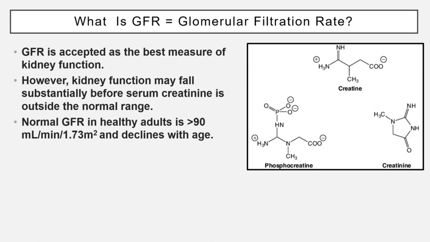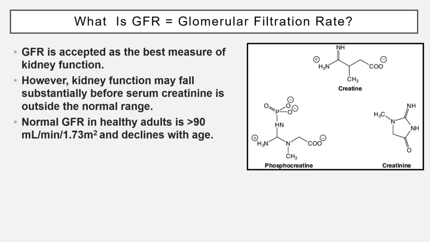So it's a great molecule to measure how well your glomerulus is filtering your blood. So you can measure how much creatinine is in your blood, in your urine, and it gives an indication of what the glomerular filtration rate is. Make sense?